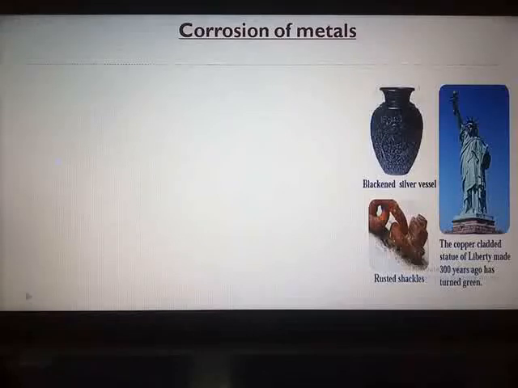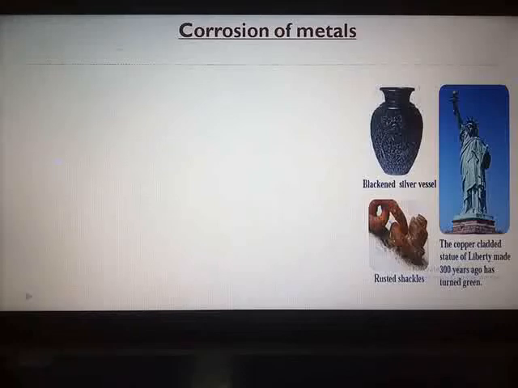What is the general definition of corrosion? Due to the various components of the atmosphere, oxidation of different metals takes place, resulting in the damage of the metals, which is called corrosion. In chapter number 3, we had seen corrosion of iron.